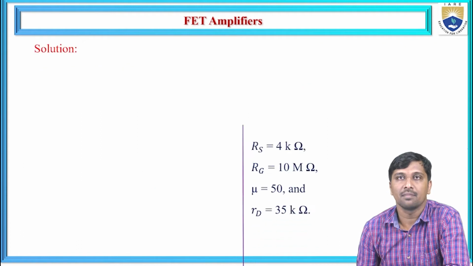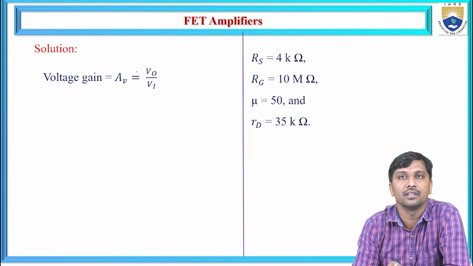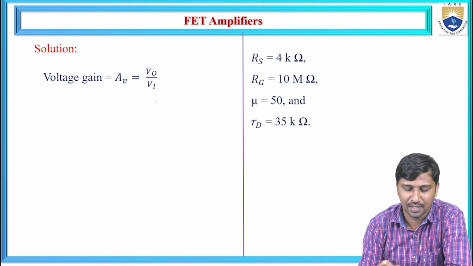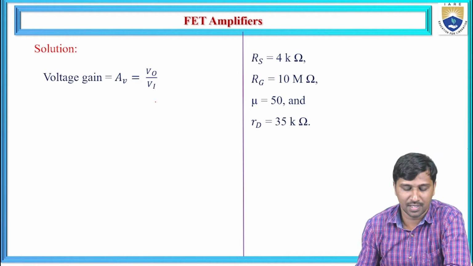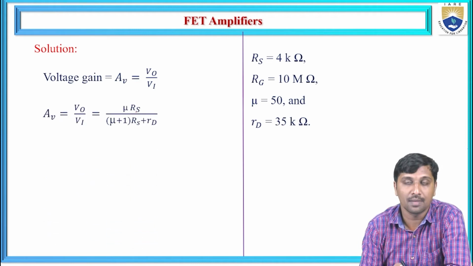To solve these parameters, let us recall the voltage gain. Generally any voltage gain is defined as the ratio of output voltage to input voltage, Vo by Vi. For the common drain amplifier, it is represented as mu times Rs by 1 plus mu times Rs plus rd.